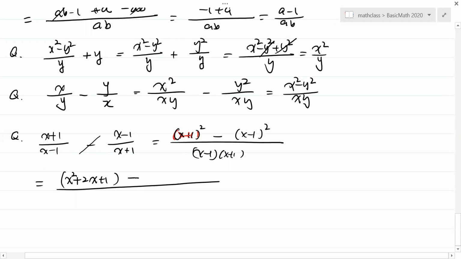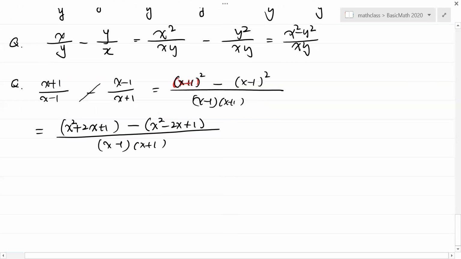But for the numerator, here x minus 1 squared, you have to put a parenthesis when you square it first. So x squared minus 2x plus 1. Then you can remove the parenthesis. Okay, when you remove the parenthesis, be careful.